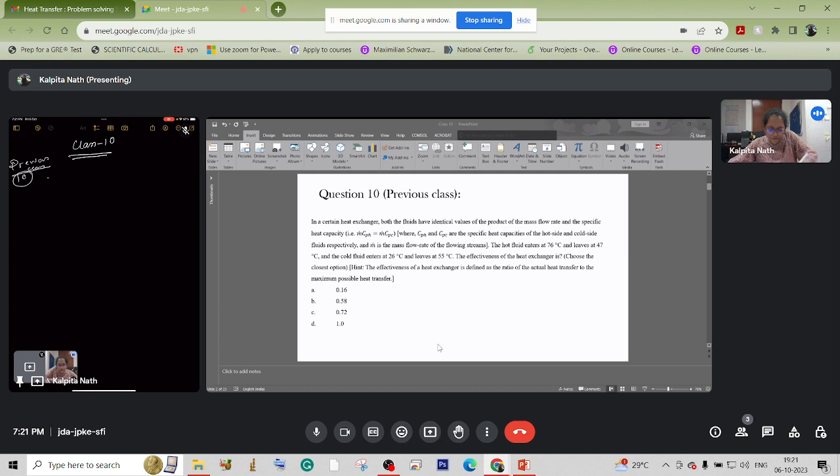We need to find the effectiveness. For the effectiveness of a heat exchanger, we already know that the actual is MCp delta T for the fluid with the minimum MCp. If the minimum MCp is of the hot fluid, then we consider the hot fluid for the actual, and if it is of the cold fluid, then we consider the actual to be of the cold fluid.